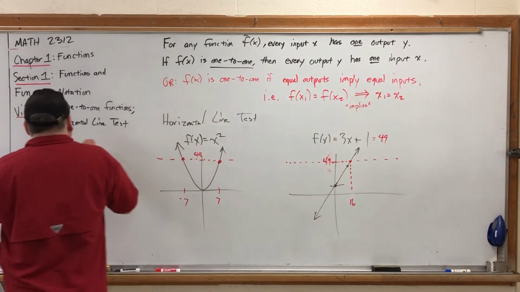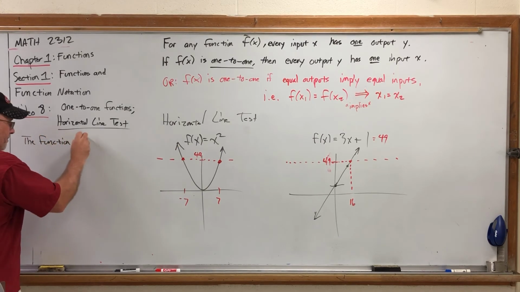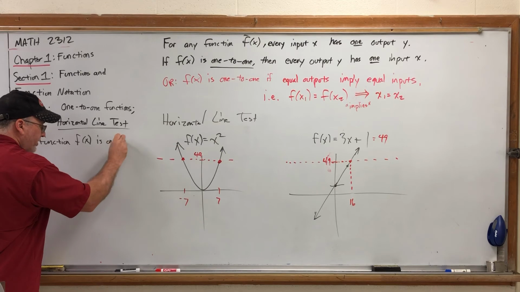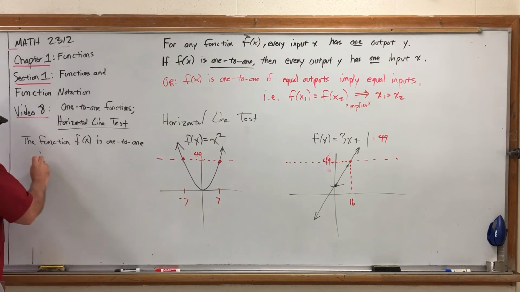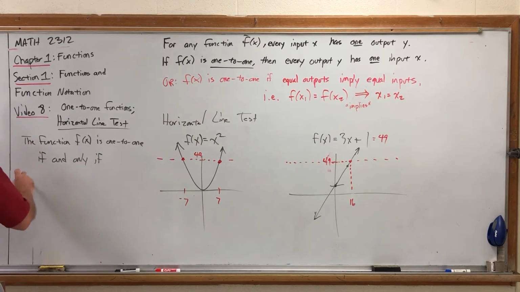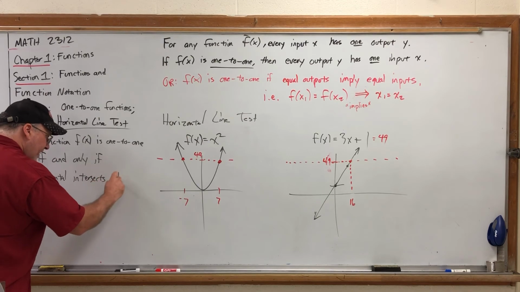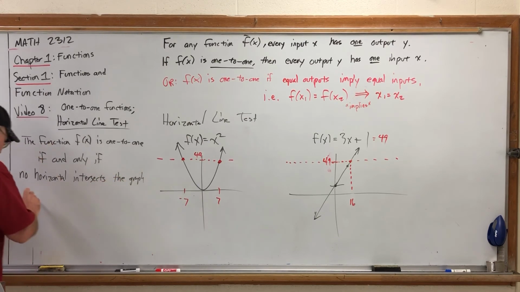So to summarize, the horizontal line test says this. The function f of x is one-to-one if and only if no horizontal line intersects the graph of y equals f of x more than once.